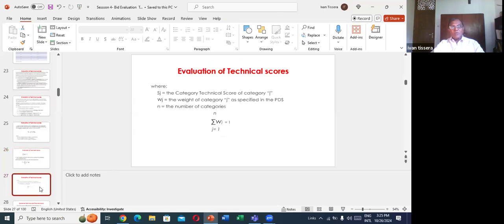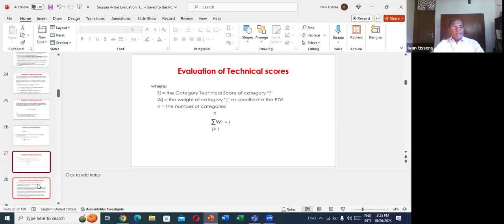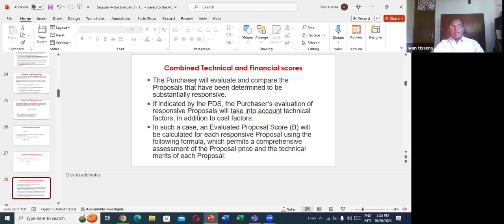I don't want to bother you much about that, but just try to understand. T_J is the category technical score of J, W_J the weight of category J as given in the document, N is the number of categories. Ultimately that is also equal to 1. Finally, whatever the combined technical score is our requirement.